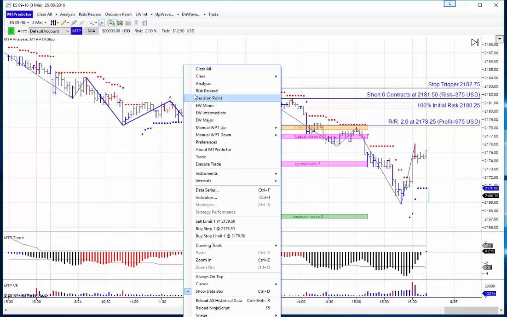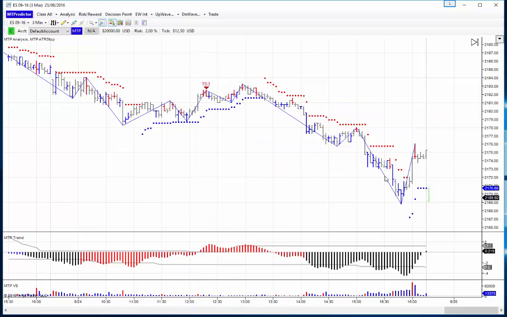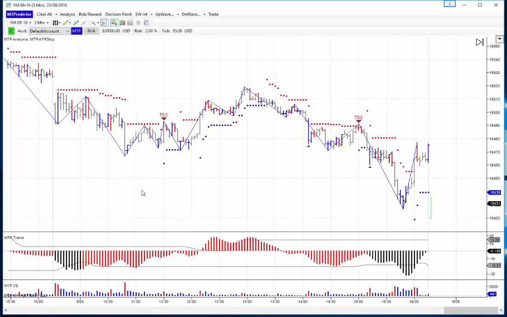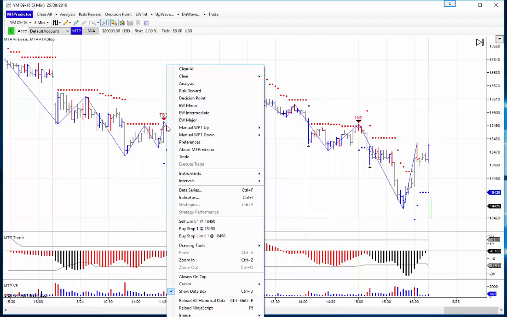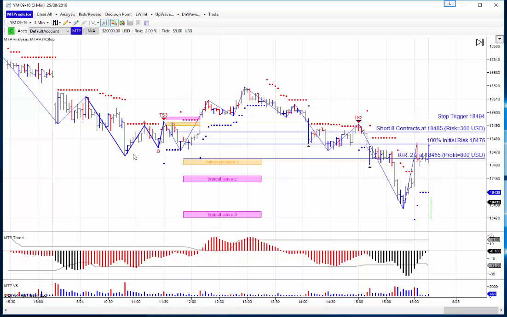The rest of the day, nothing else was going on the ES, all very quiet. You can see there were no other setups there on the ES. Let's skip over to the YM, and here there would have been another sell setup a bit earlier, around 11:30. Again, at the time this would have been a valid setup with the MTP trend being red. Let's right mouse click, place the analysis on.